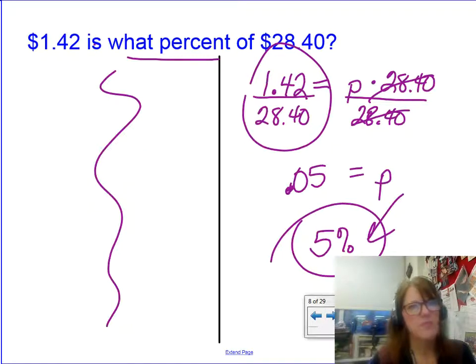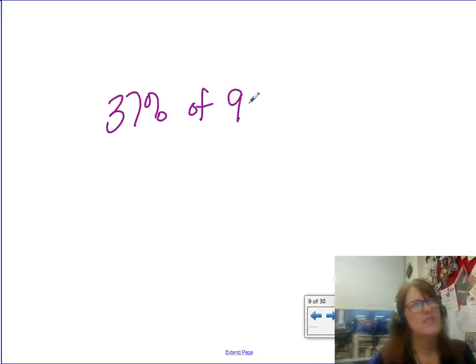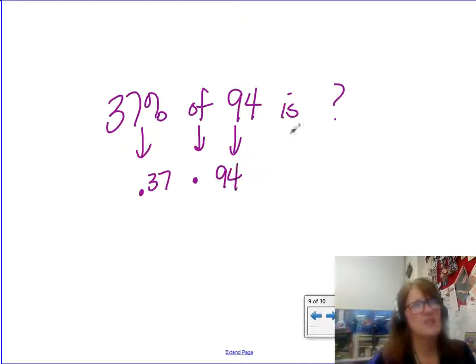If you are given a bunch of numbers that look like this, I want to find 37% of, 94 is what? Basically, you're just going to translate this into the decimal, 0.37. Of is times. 94 comes down.